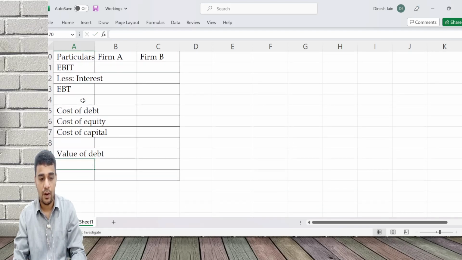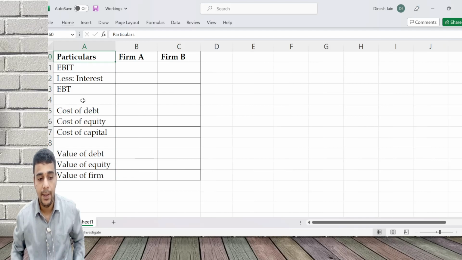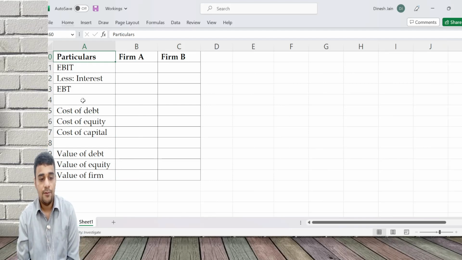This is a format we normally use. Everything will automatically get calculated. Everything will come out from this format itself.